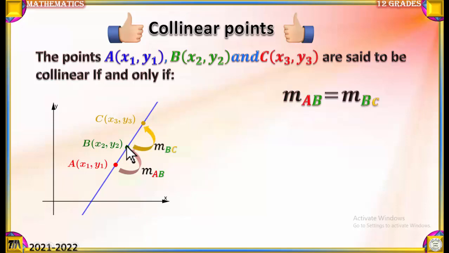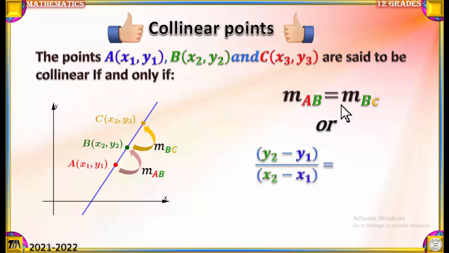Then these 3 points are collinear points. Or (y2 minus y1) over (x2 minus x1) is equal to (y3 minus y2) over (x3 minus x2).